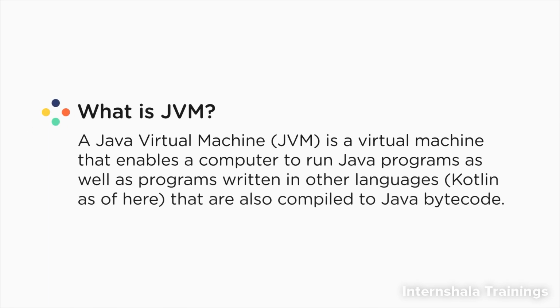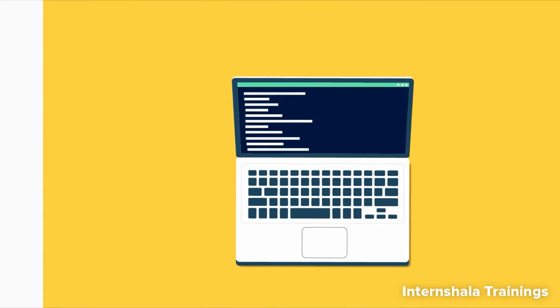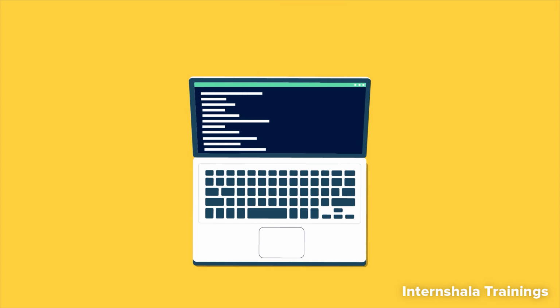A Java Virtual Machine, JVM, is a virtual machine that enables a computer to run Java programs as well as programs written in other languages, Kotlin as of here, that are also compiled to Java bytecode. So, we know that computers understand a language differently than humans, right?